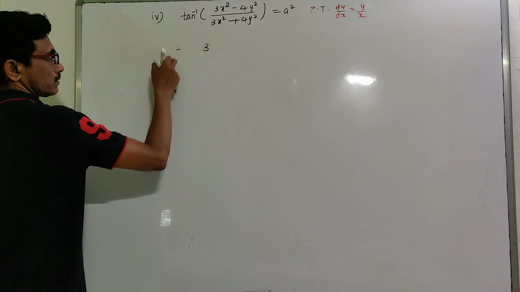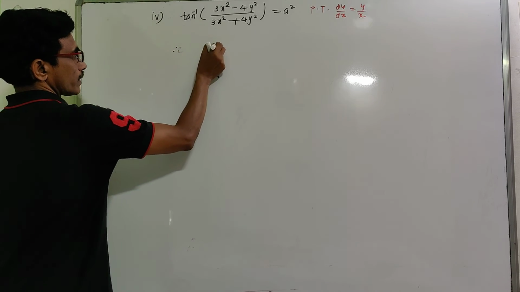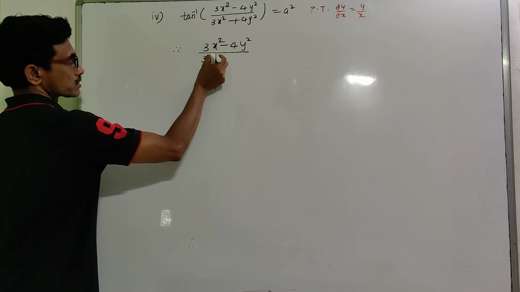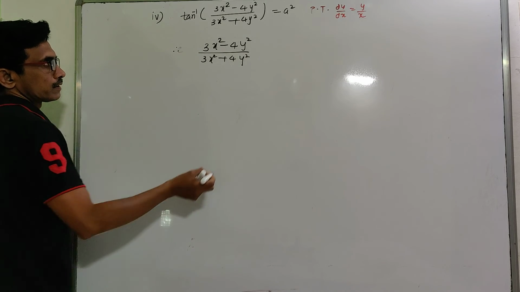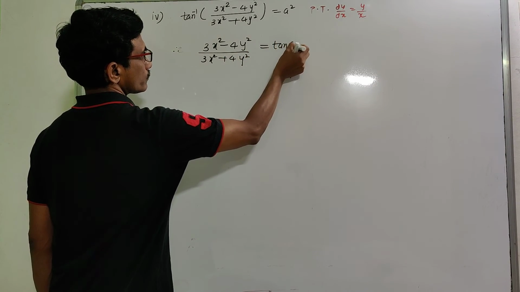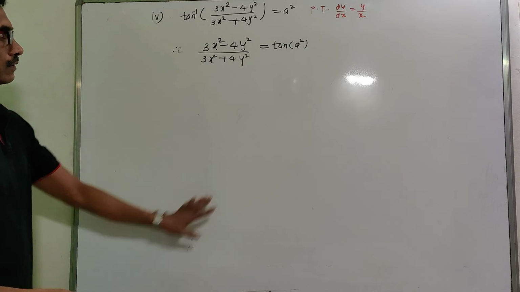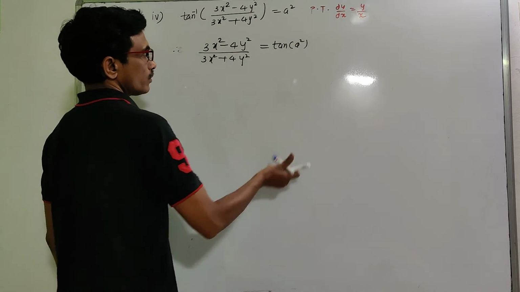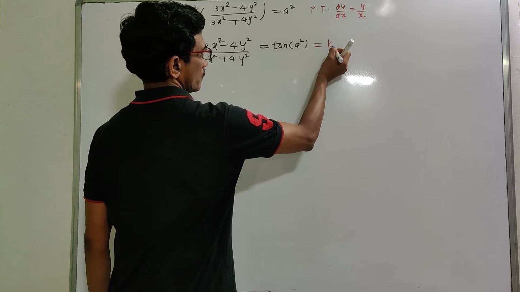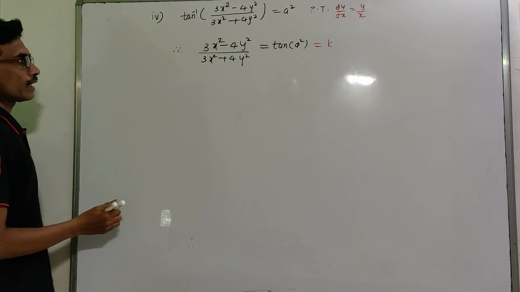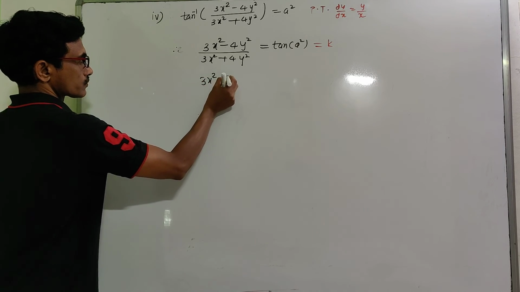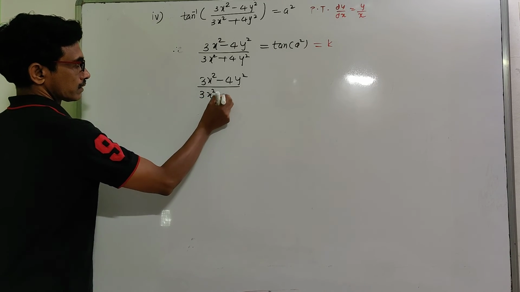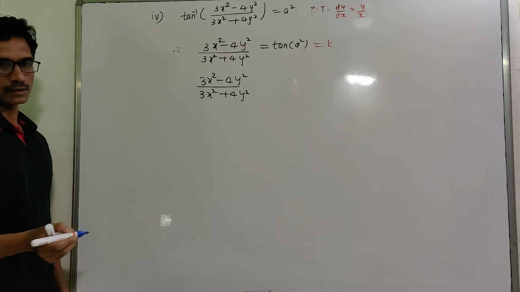Therefore (3x^2 - 4y^2)/(3x^2 + 4y^2) = tan(a^2). Whatever this tan of a squared is, it is constant, as x and y are not there, so we denote it by k, which is constant, and we write (3x^2 - 4y^2)/(3x^2 + 4y^2) = k.